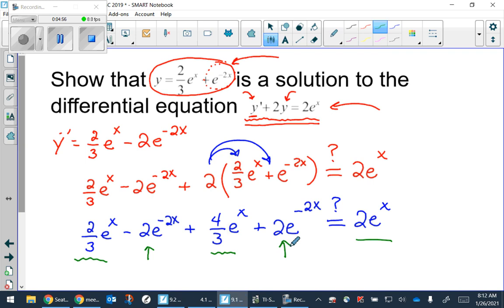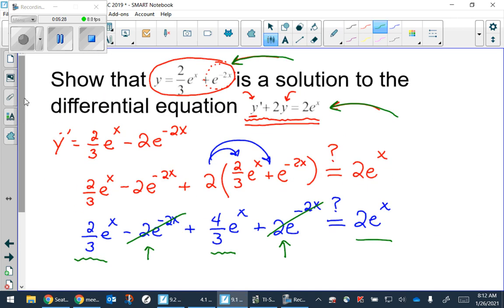They do cancel out. One of them's a +2, one of them's a -2. Have I shown that if I'm given this equation right here, it does indeed make this differential equation true? And I think I've shown enough work that I've shown that that is indeed a solution. Are you good with that? All right.